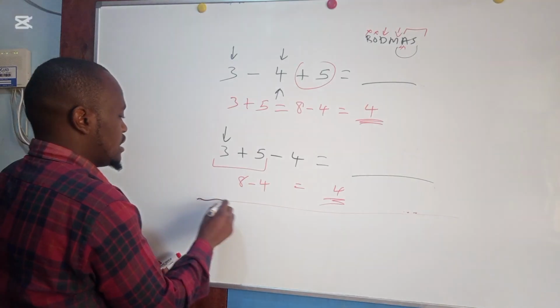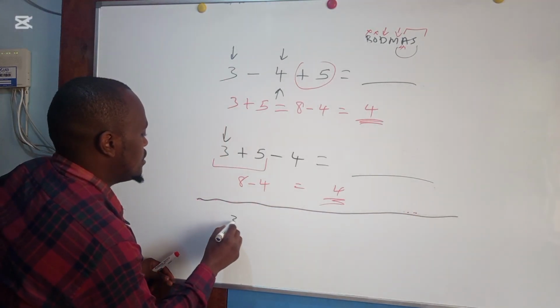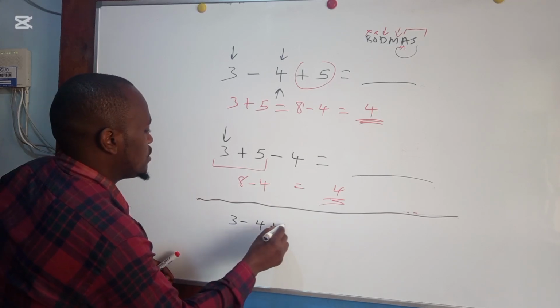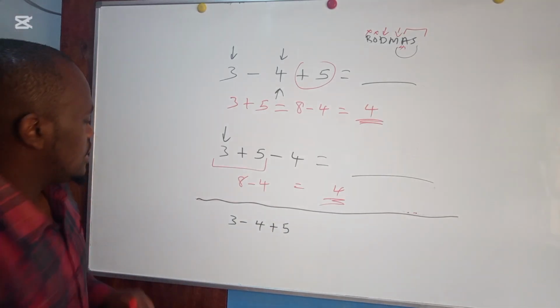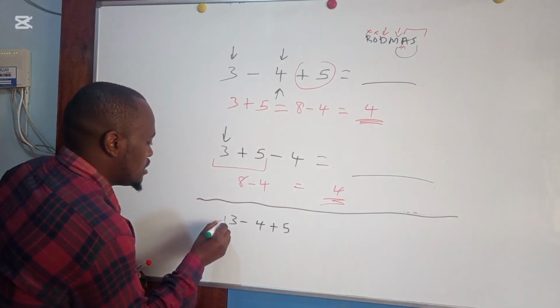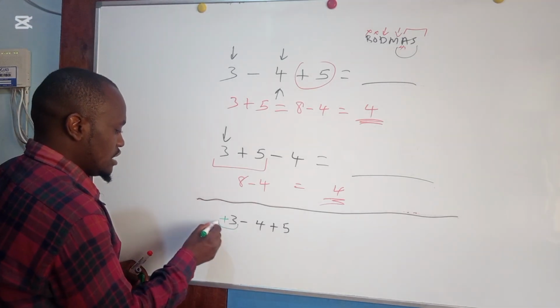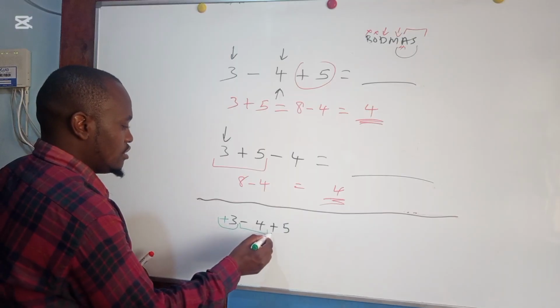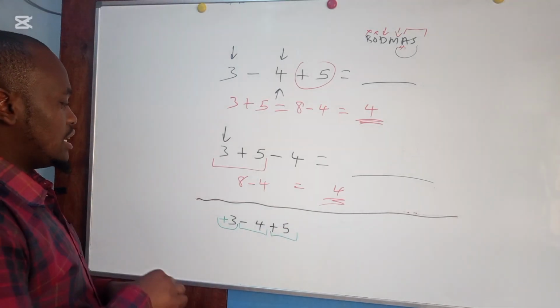So this is 3 minus 4 plus 5. This 3 had a positive sign here, but we do not write it. So its sign is this one, and this one's sign is this one. If you want to begin with addition, then make sure you include that sign.